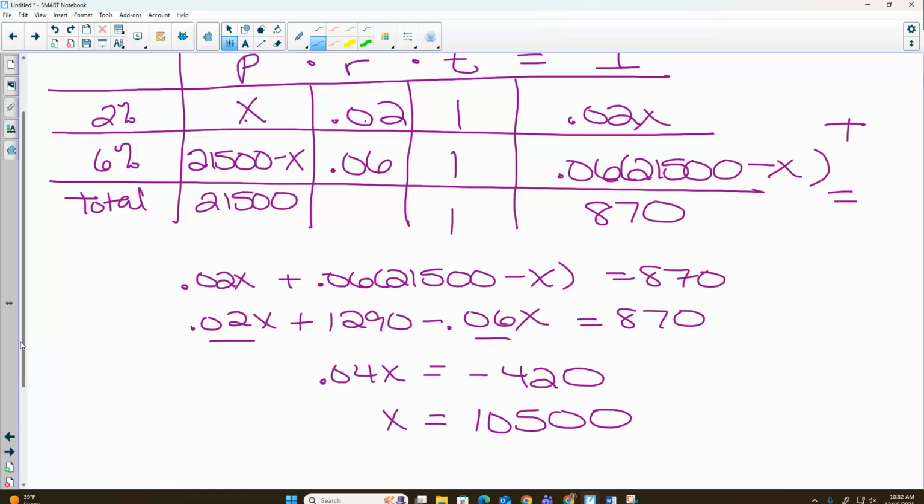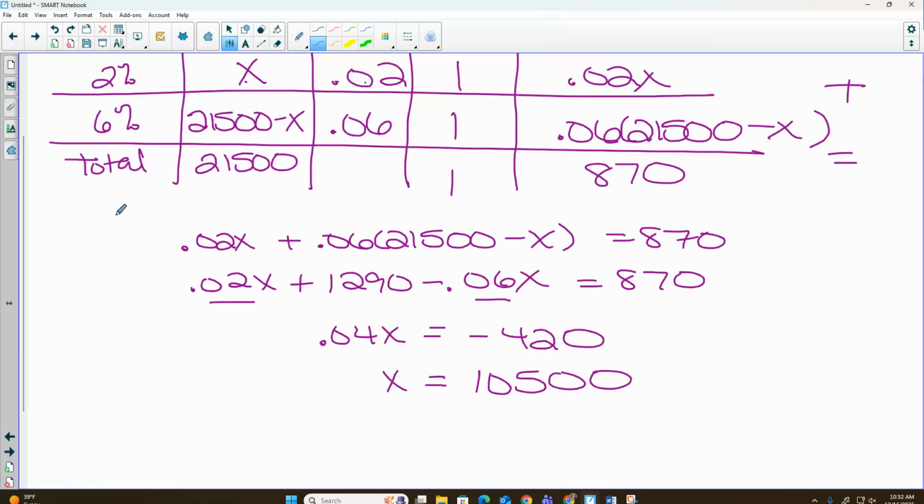So the question would be how much was at each rate. So 10,500 is at 2%. The other one, 21,500 minus that, gives us 11,000.